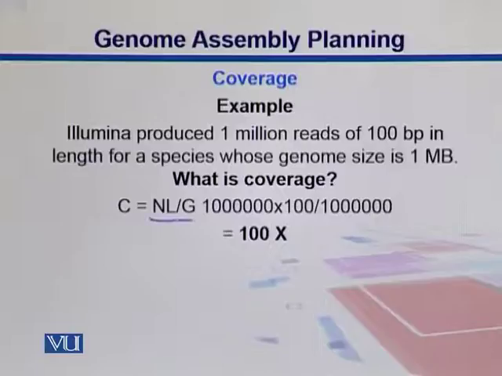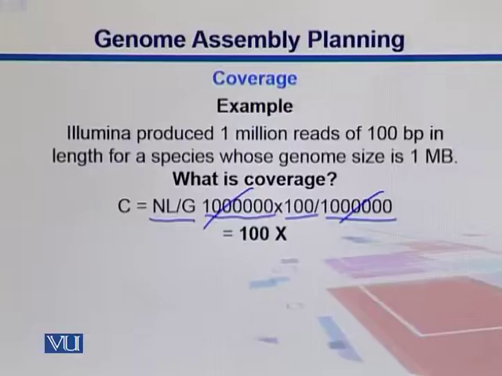N is the number of reads produced, 1 million, times the read length, which is 100, divided by the genome size, 1 MB or million base pairs. When we simplify that, we get 100x. So this genome has been covered 100x, and each nucleotide is sequenced 100 times.